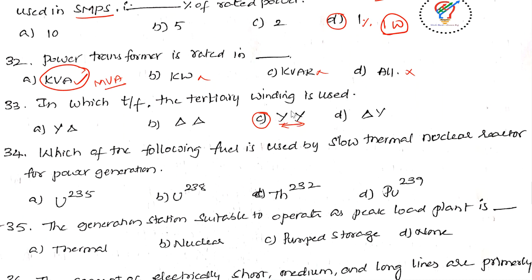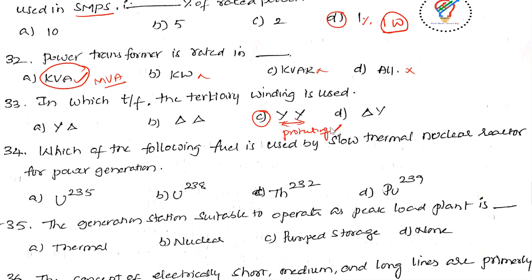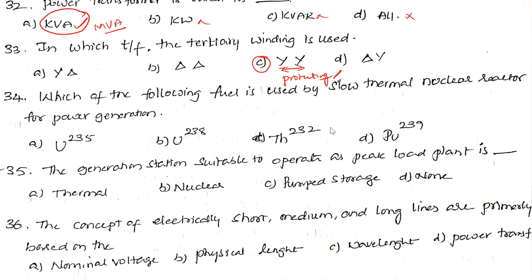So by using the tertiary winding in the star star connection, it is used to supply unbalanced loads, and it is used for protecting devices. Protecting devices require a ground, and when star star is there, there is no possibility of ground. That's the reason they use the tertiary winding, so that they can also use it for protection purposes. So the first purpose is to supply unbalanced load, the second purpose is to provide protection relays.